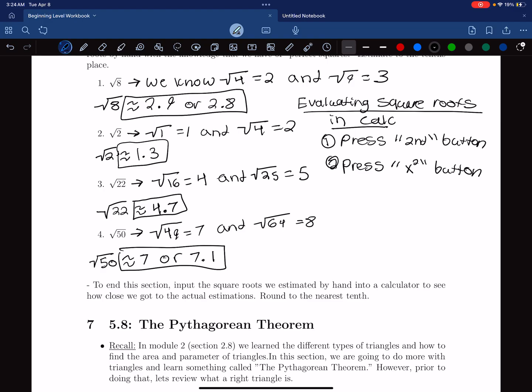So you're going to press this second button, and then press this x squared button, and then from there, you're going to put in the value. And you'll usually see some parentheses, so you're going to want to close those parentheses as well.